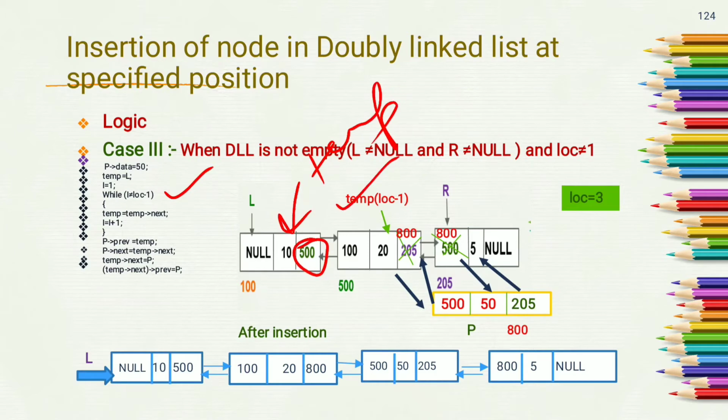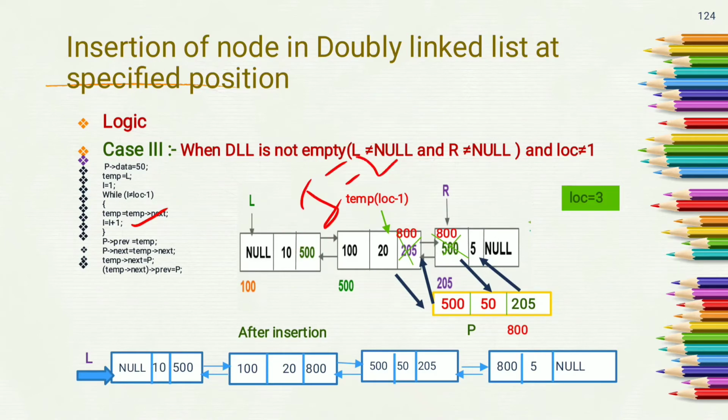So temp moves to this node, and I is incremented by 1, so now I equals 2 and location minus 1 is also 2. So the condition I not equal to location minus 1 becomes false, and the loop terminates. Now temp points to the node at position location minus 1.